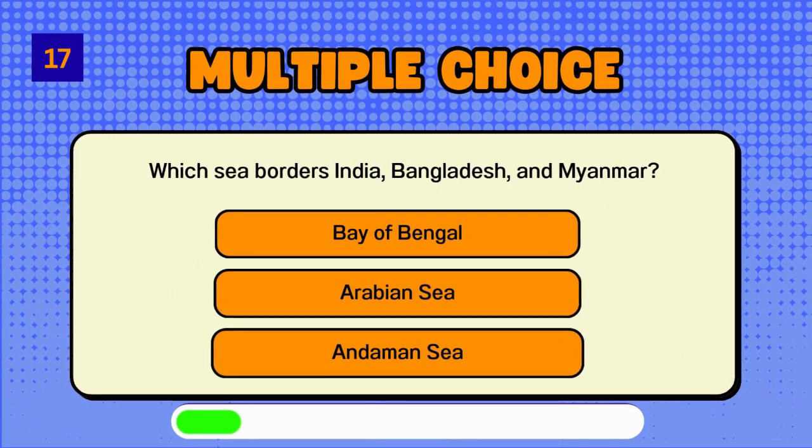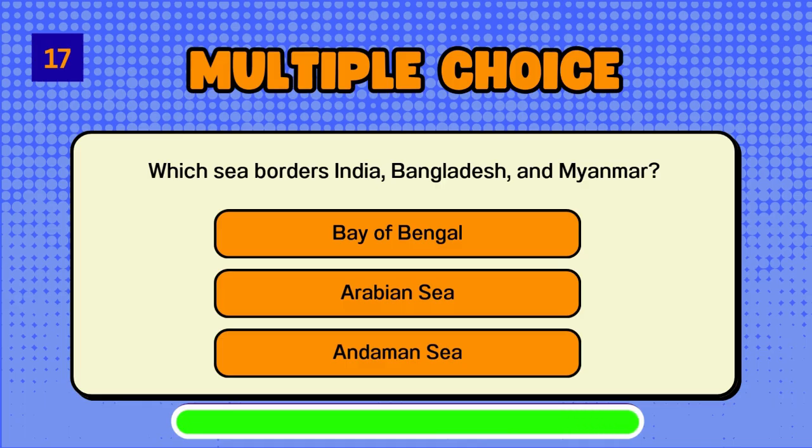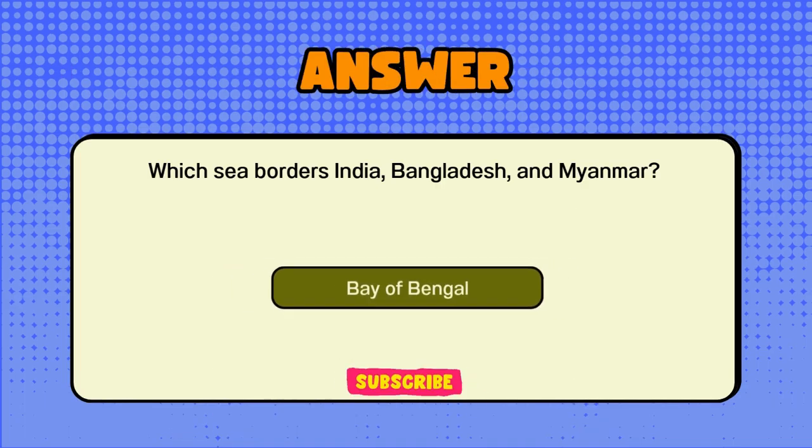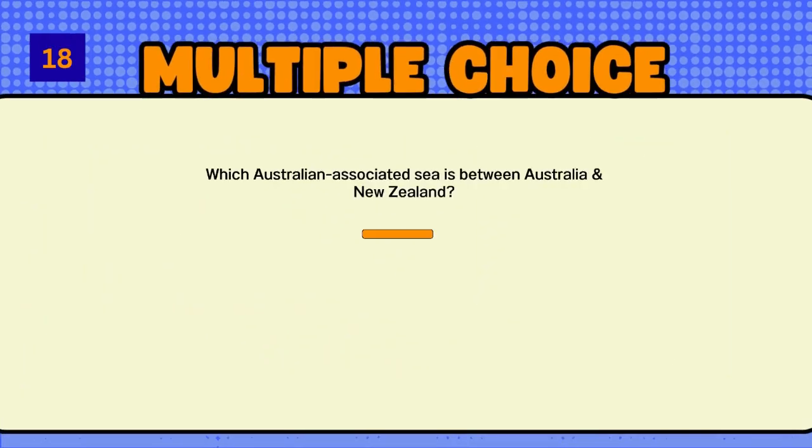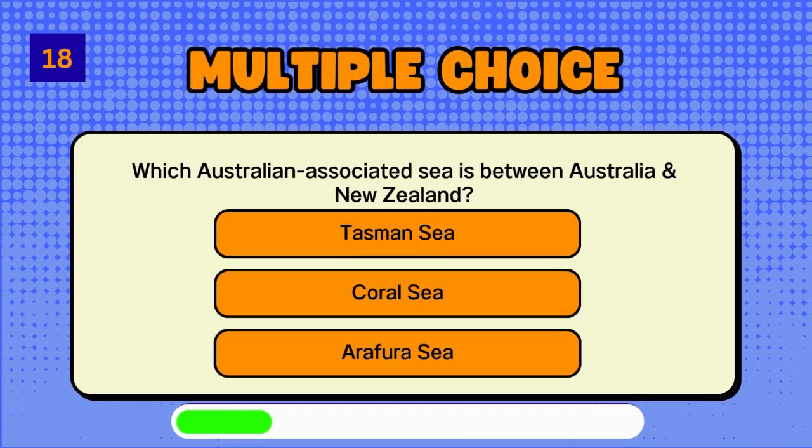Which sea borders India, Bangladesh, and Myanmar? Which Australian associated sea is between Australia and New Zealand?